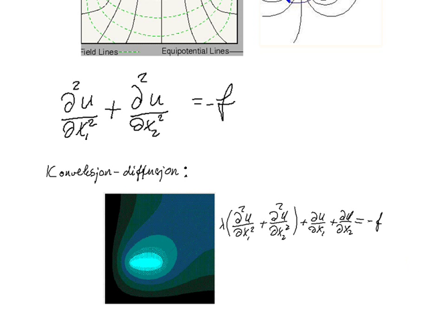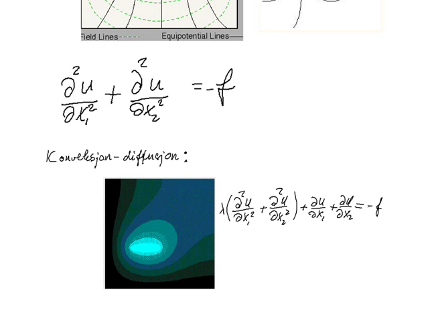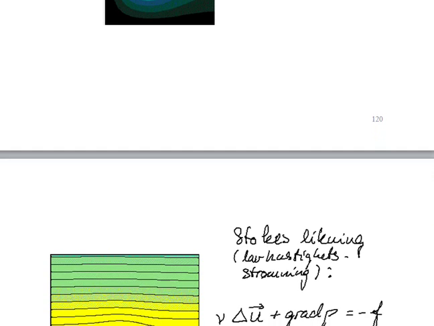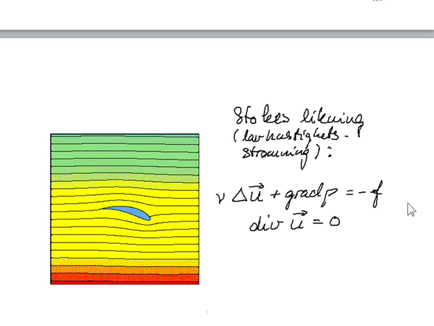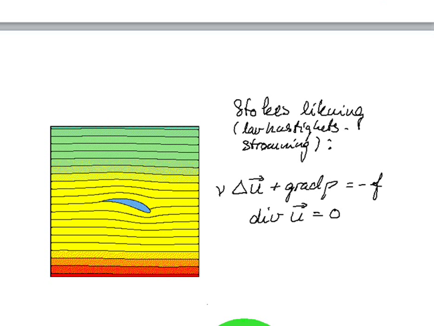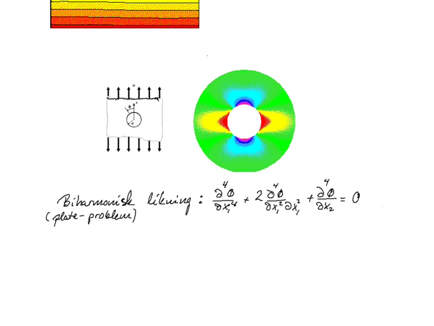So this is the convection diffusion equation. Another type of equation, the Stokes low speed flow equation, takes this form. We also have the biharmonic equation, which models, for example, plate problems in 2D.